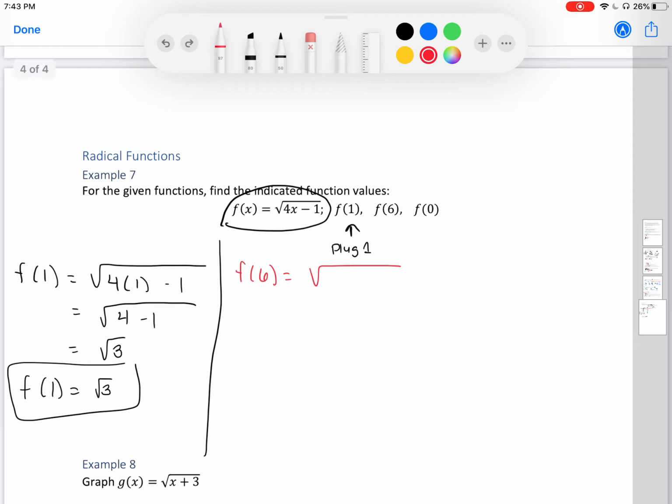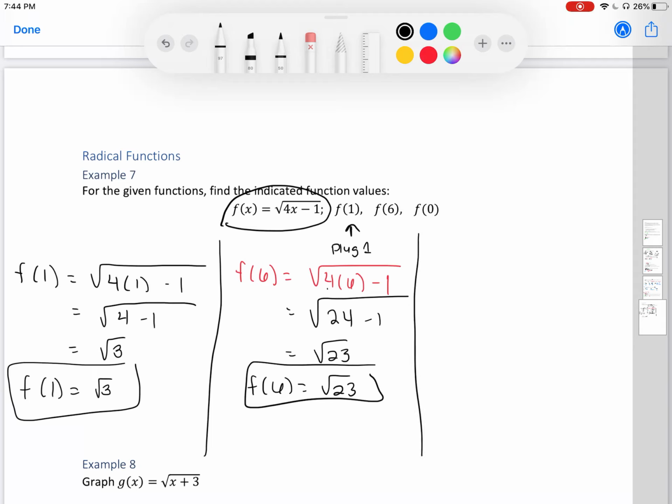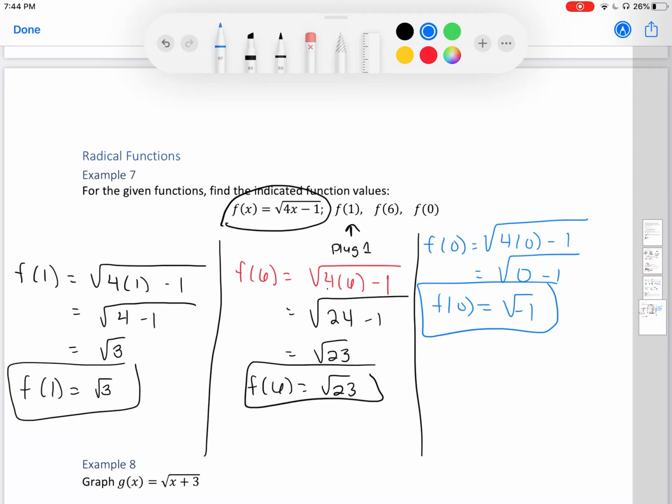Then 4 times 6 is 24. Now plug in 0 for x: 4 times 0 minus 1. 4 times 0 is 0, so we get negative 1, and we'll leave it like that for now.